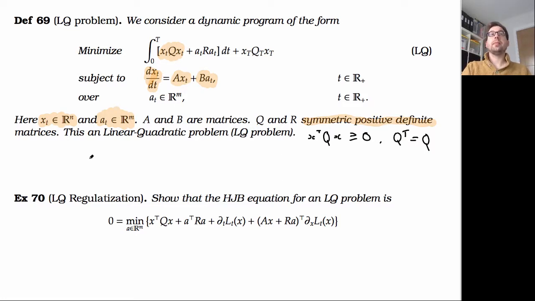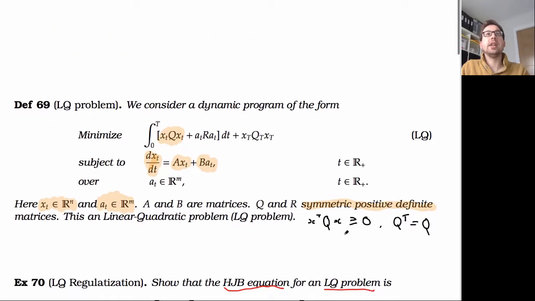The first exercise is essentially to show that the HJB equation for a linear quadratic problem is given by the following. Let me remember what our HJB equation is.